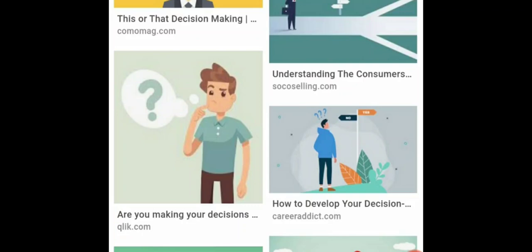It means we have to see both sides, positive as well as negative. Then another thing it says, we have to consider all the alternatives as well as forecast the outcome of each option. Based on all these items, we have to decide which choice is best and suitable for the particular purpose.